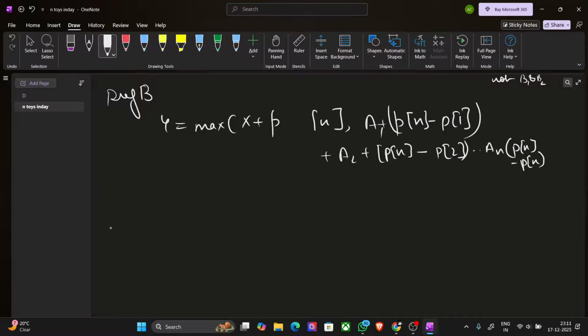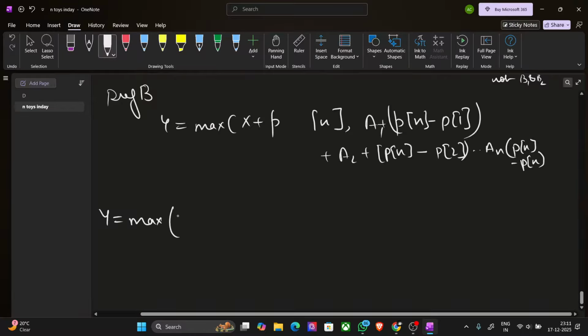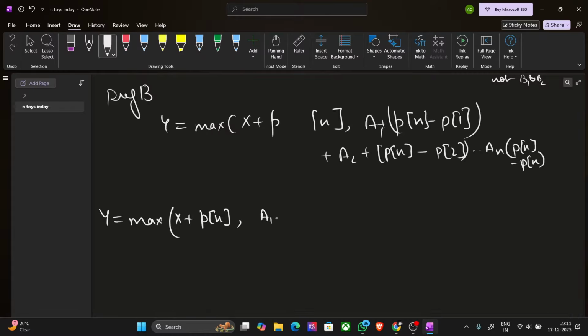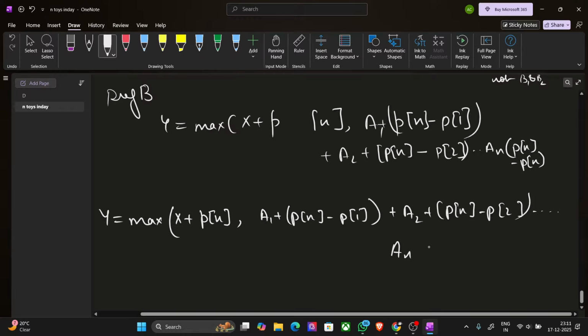So write it plainly as y is equal to max of x plus pn, comma a1 plus pn minus p1, comma a2 plus pn minus p2, and goes up to an plus pn minus pn.